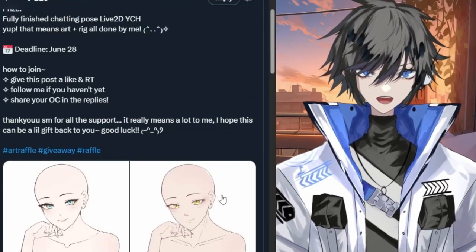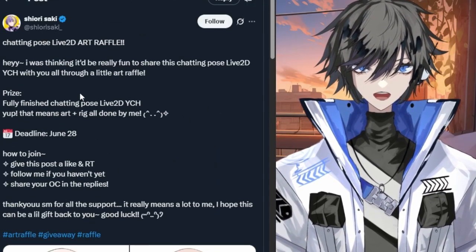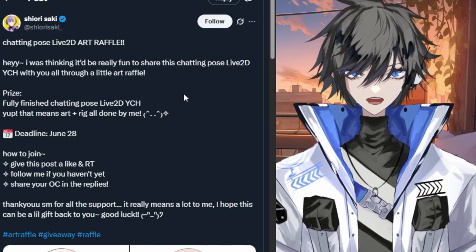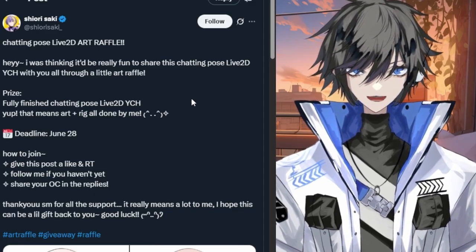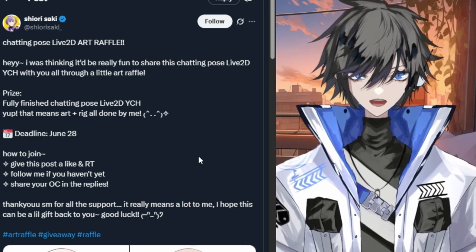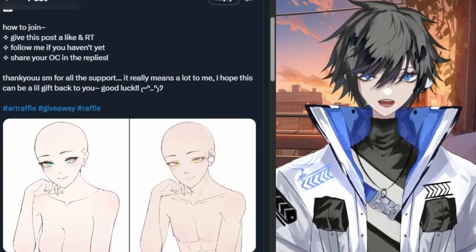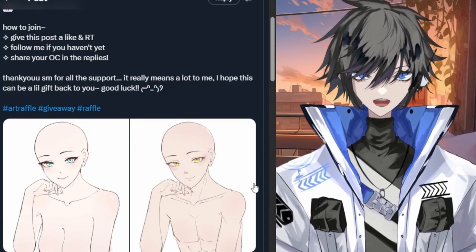I'm saying there are people who are doing something similar and they're saying, hey, I want to share this YCH with you all through a little art raffle. You just need to give me a like, a retweet, and follow me if you haven't yet. And just share your original VTuber art in the replies, and I'll just draw over this YCH base.